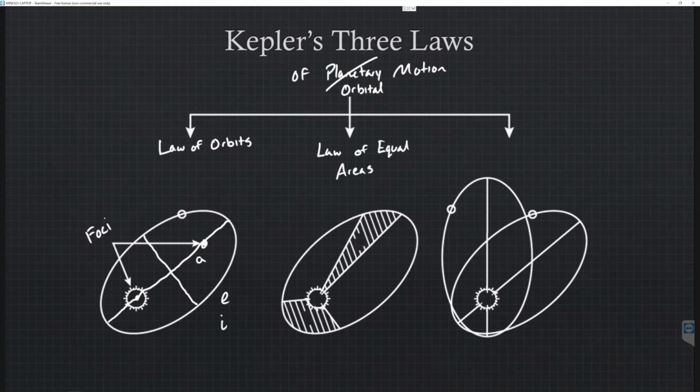And so suppose that we bisect this ellipsoid at point Q and point P, such that we describe an area A. And with the spacecraft traveling along this ellipsoid, it takes a time t to travel along that arc right there.